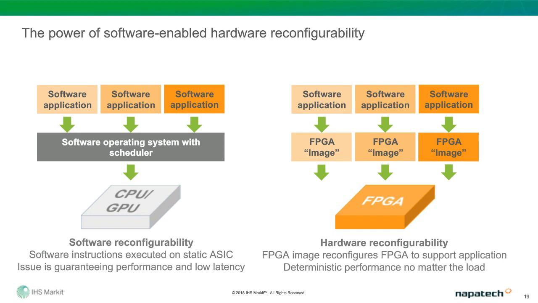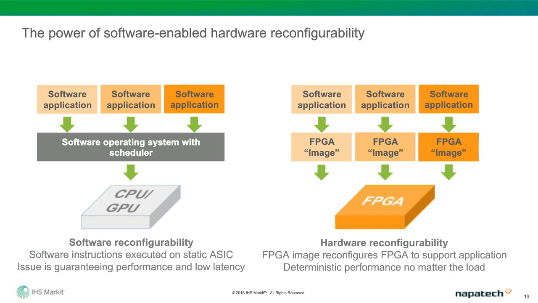This is one of the things that's been very attractive with FPGAs going back, because you could also have non-standard data paths. You could have different sizes of registers. You can do things that are absolutely customized to whatever you're trying to achieve. So you can really have an FPGA image that is tailored to the software application. And you can change out these FPGA images in real time, on the fly. As a new software application comes on board, you can change the FPGA image to fit the needs of that application.